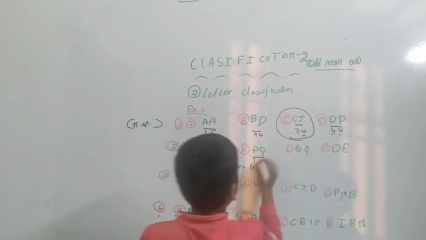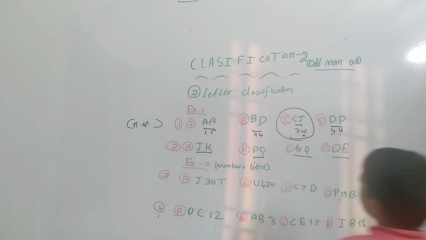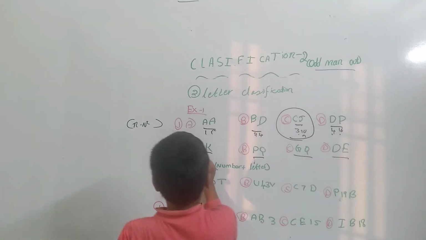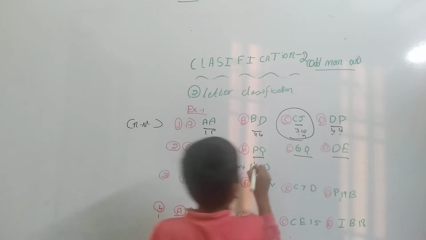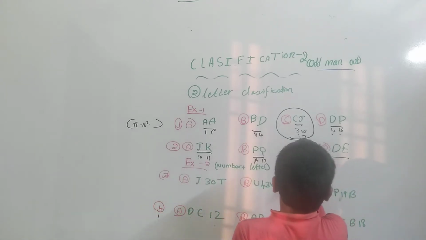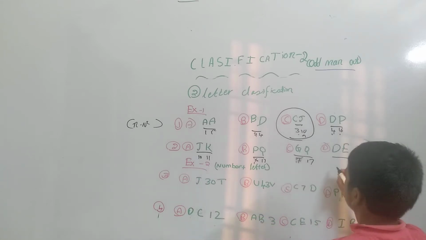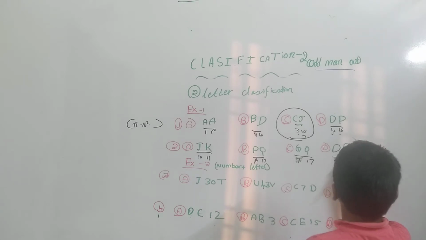Next, second question: JK, PQ, GQ, DE. We write the numbers: 10, 11, 16, 17, 7, 17, 4, 5.